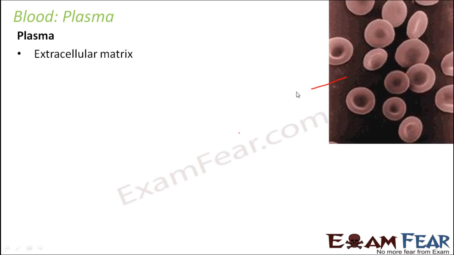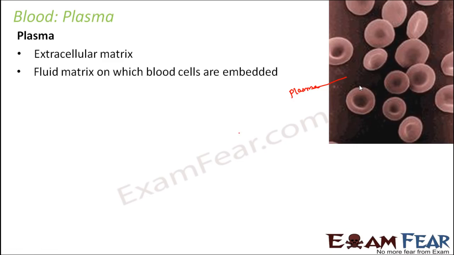So here you can see this is plasma, and on this plasma you have the different blood components, that is the different cells of blood. Now this is the fluid matrix on which the blood cells are embedded. When I say blood cells, I am talking about the RBCs, the WBCs or the platelets. They are all embedded in the fluid like plasma.